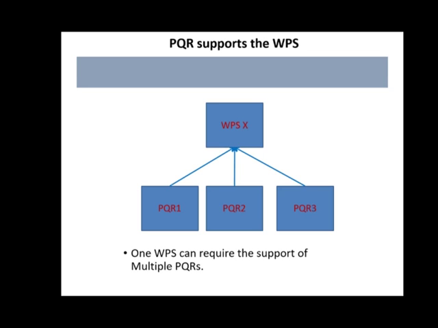So I go and find the appropriate PQRs, I gather them up, 1, 2, and 3. Yep, this one covers my gas tungsten, this one covers my shielded metal arc, and this one covers my submerged arc welding. So I put all three of those together, I write a WPS, I reference those 3 PQRs, and now I've got a WPS that is supported by 3 separate PQRs.